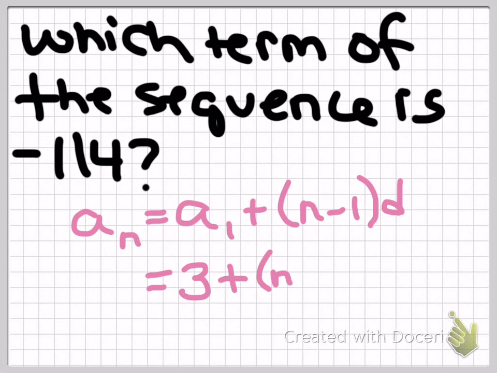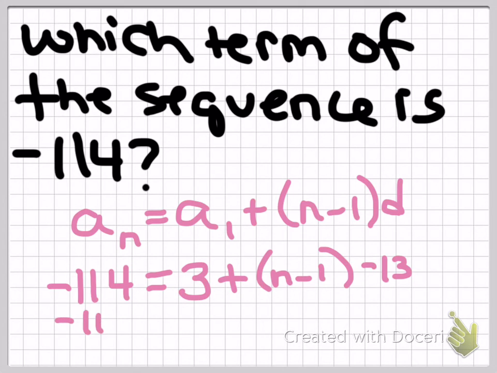We don't know n. And we know our common difference or pattern is negative 13. We're asked to find what number term, so the first, second, third, fourth, fifth, and so on, what number term negative 114 is. So this time I'm going to put in negative 114 in for a sub n and solve for n.